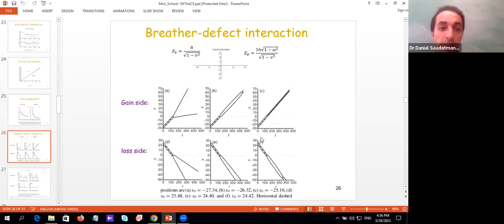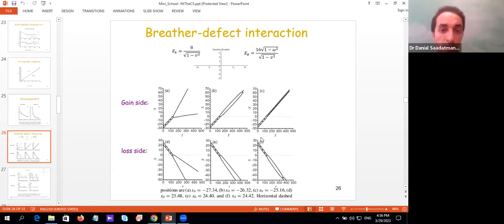The interaction of the breather with the PT symmetric defect is more interesting because the breather has a frequency when it moves.